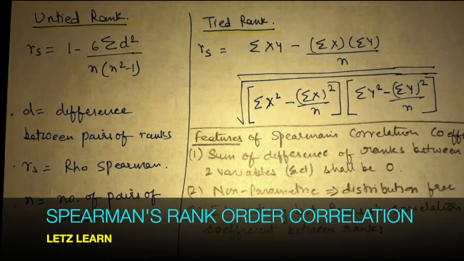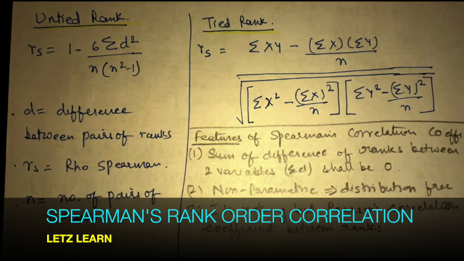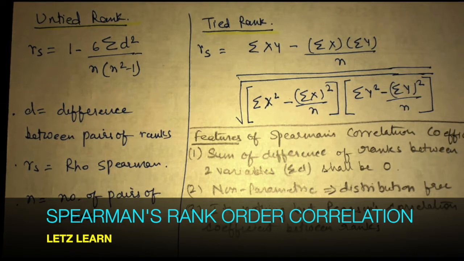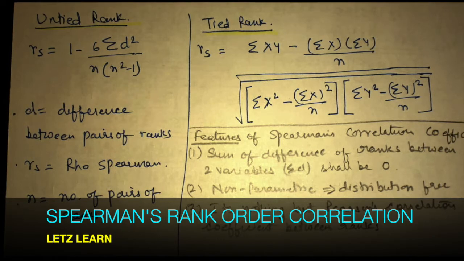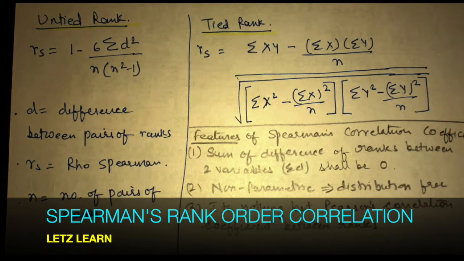The formula for that is very easy: 1 minus 6 multiplied by the sum of the squared differences between the pairs of ranks. We first rank the variables, then find the difference between the ranks, calculate the sum of that, and divide by n into n square minus 1. So this is a very simple formula for untied ranking.